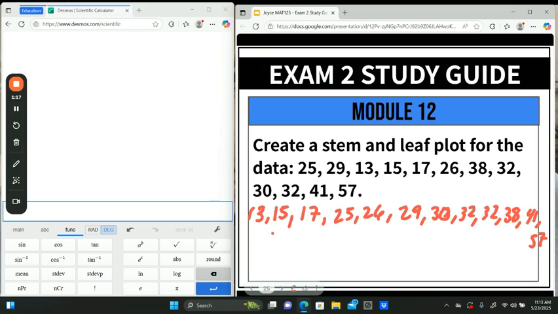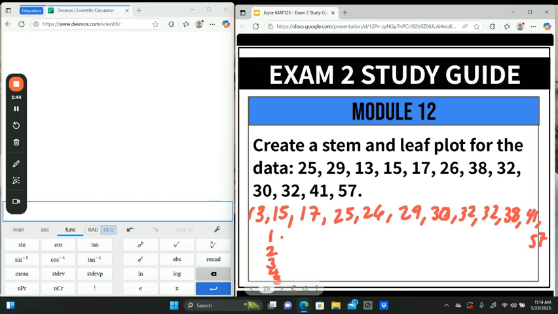So I've got numbers with the first digit of a 1. I've got numbers with the first digit of a 2. I've got numbers with the first digit of a 3, 4, and 5. Okay. It's a little tight down here, but that's okay.